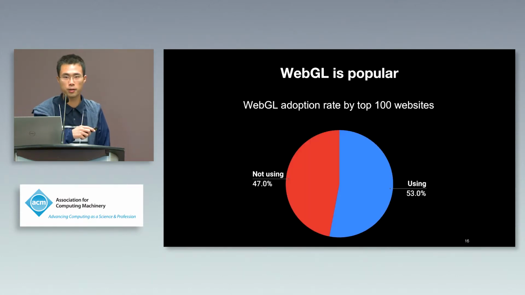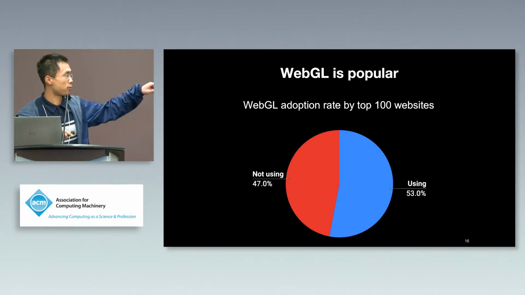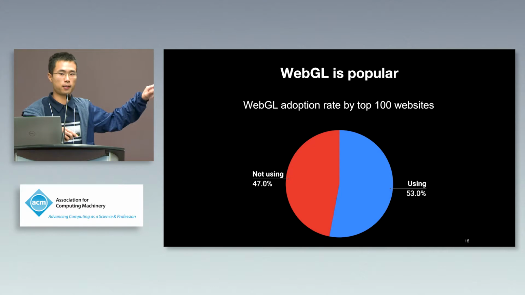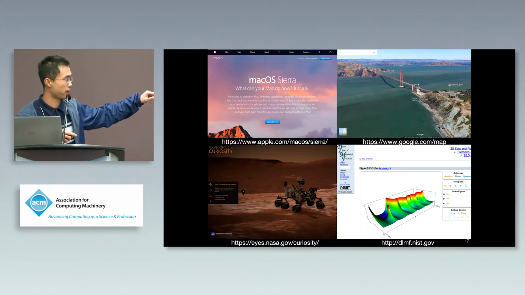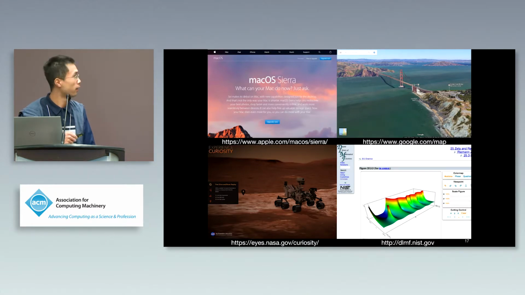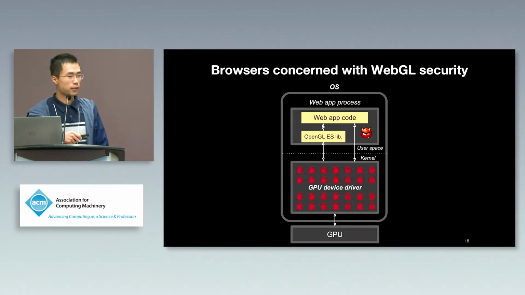Our study shows at least 53% of the top 100 websites are using WebGL. Apple uses it for a product page, Google Maps uses it, NASA uses it, and NIST has a data visualization using WebGL.